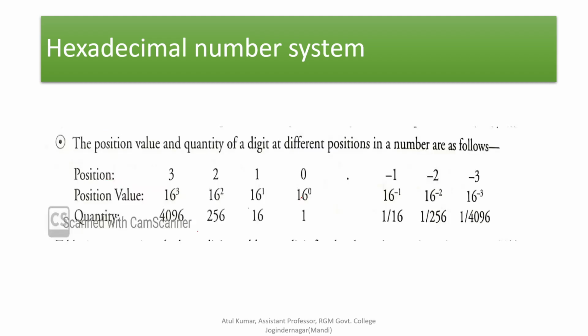The position and quantity of a digit at different positions in a number system are as follows. Here the base is 16. So before the decimal point we start from 16 raised to power 0, then 16 raised to power 1, 16 raised to power 2, 16 raised to power 3, and after the decimal point we represent 16 raised to power minus 1, 16 raised to power minus 2 and so on.